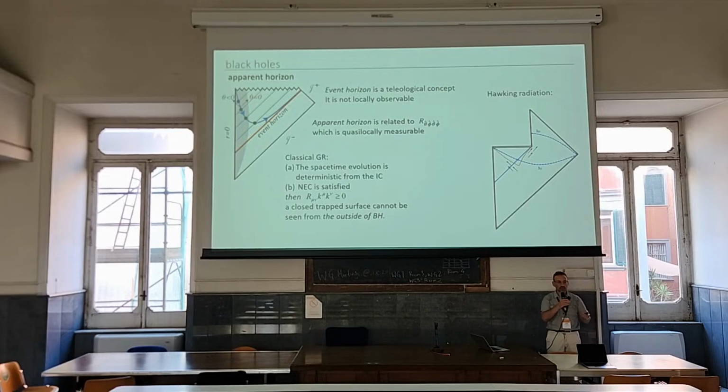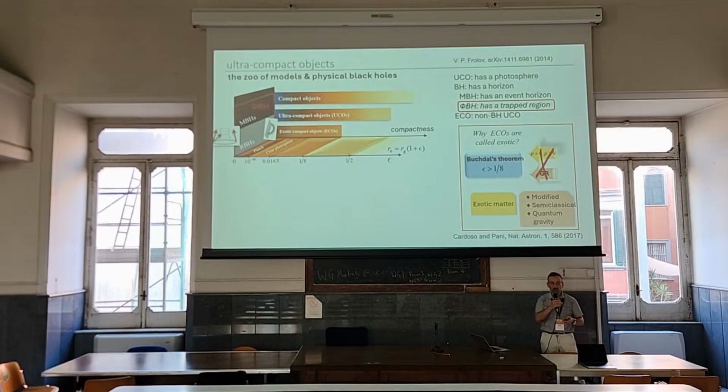Now, another observation: if we stick to the logic, what can we have as an explanation? We have a zoo of exotic objects, and that's a very, very simplified picture. We now know that we have to have the light ring, so the object should be sufficiently compact. To be more compact than Buchdahl's limit, we need to violate something or have something exotic.